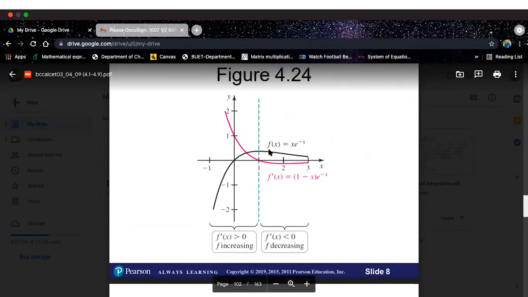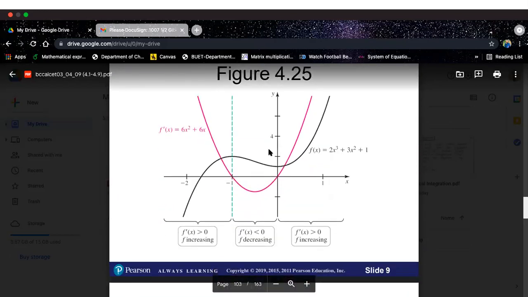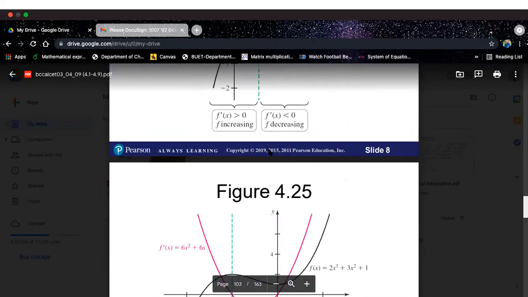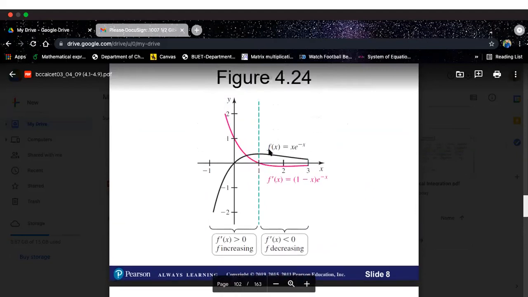Let's see another graph then. So let's say we have this graph. Oops, we have tons of more graphs. That's cool. All right. Let's say we have this graph. And again, let's say I am giving you this graph in black, which is for x e to the negative x, okay?